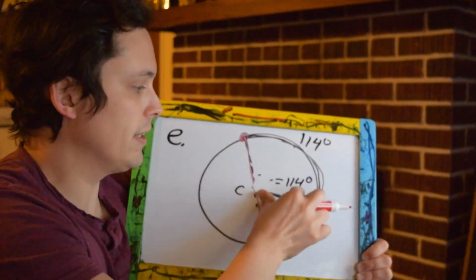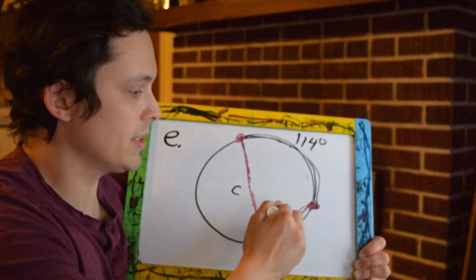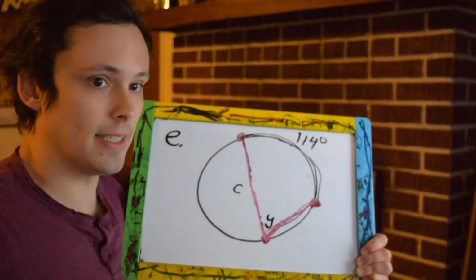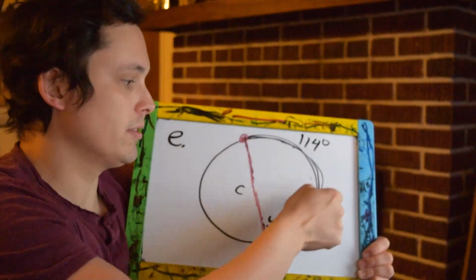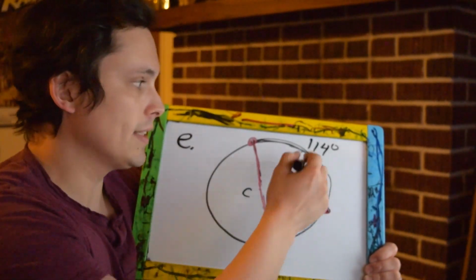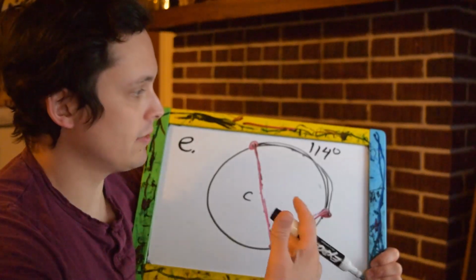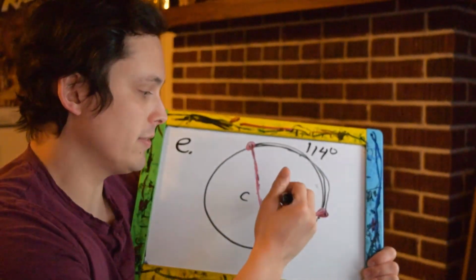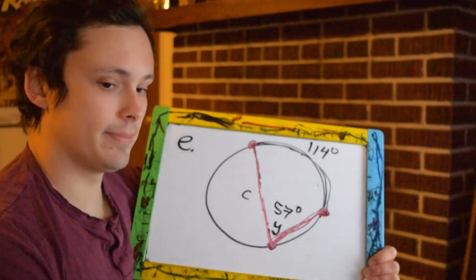So in other words, if you get rid of the rest of the diagram, it's kind of confusing the picture. If you just focus on this part, we can see that y is an inscribed angle on a 114 degree arc. So that means that y is half of 114. So half of 100 is 50, half of 14 is 7, so this would be a 57 degree inscribed angle.